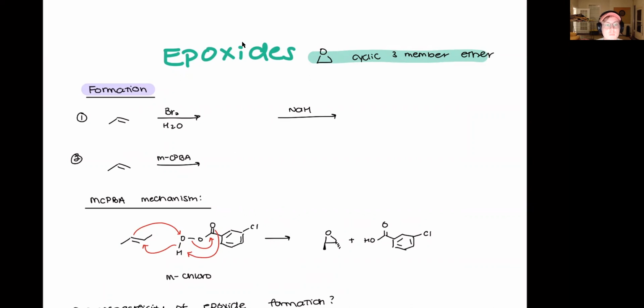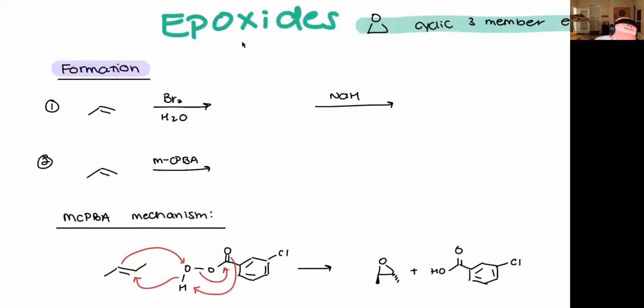With forming them, we can do two different ways. The first is through a halohydrin formation, and that is going to use a halogen like Br2 in a water solvent. And then we deprotonate the alcohol and kick off the leaving group. It will be like this.